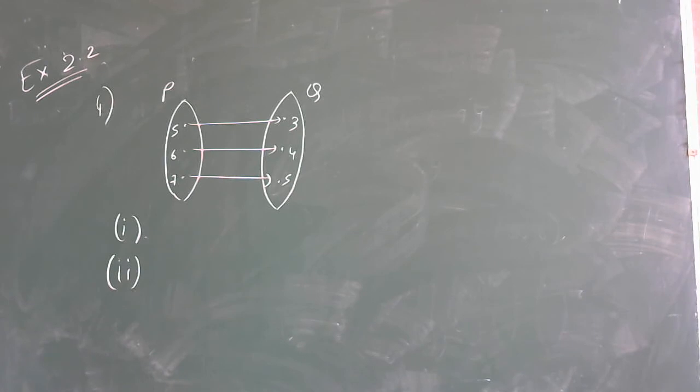So in set builder form, how will you write, students, what relation it is having between these two sets?